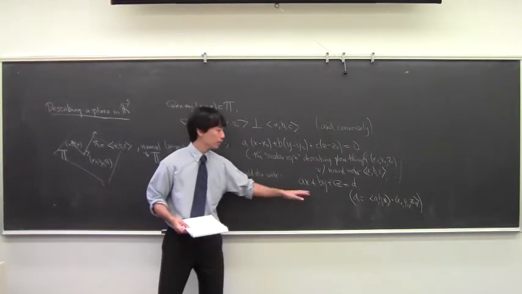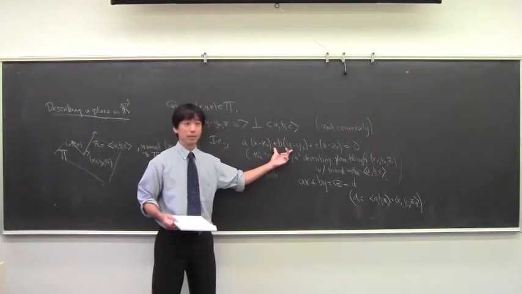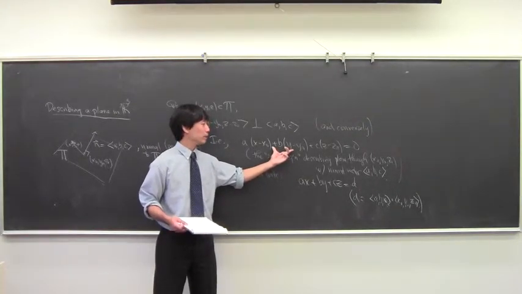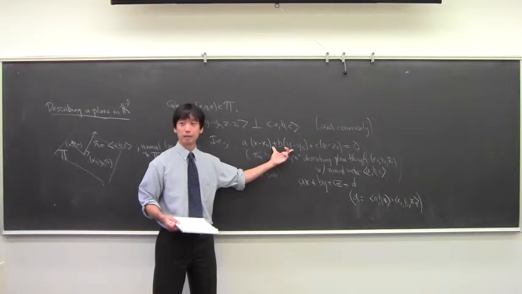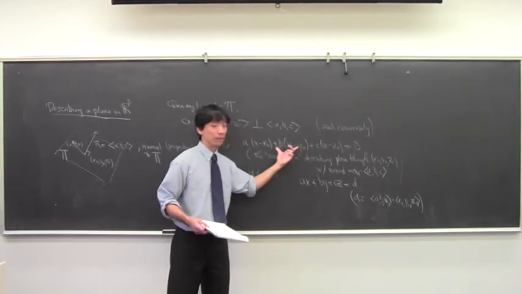Okay, so that's another way of writing it, but I think this way is clearer because at least then it's completely obvious what x naught y naught z naught could be taken as.